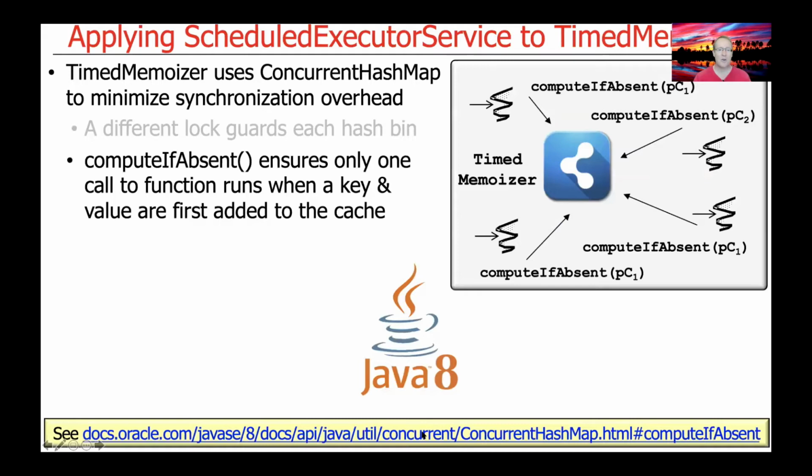And there's also, of course, in the ConcurrentHashMap, this really cool computeIfAbsent method. Now, in this particular case, we're going to assume that we're using Java 8 and beyond, therefore we can take advantage of the computeIfAbsent capability. If that was not the case, if you were stuck with earlier versions of Java, Java 7 or before, then we'd have to use our FutureTask implementation that we looked at in a previous lesson.